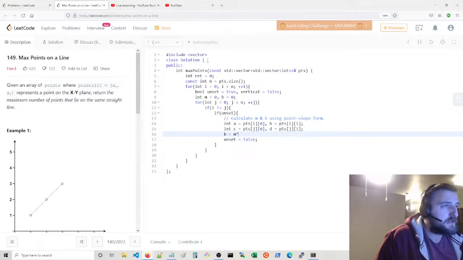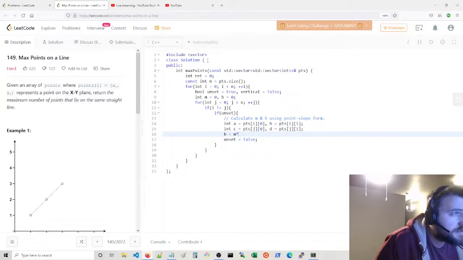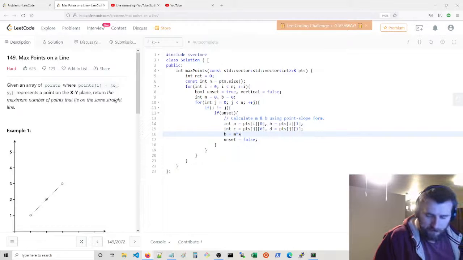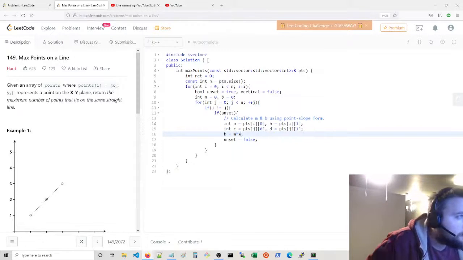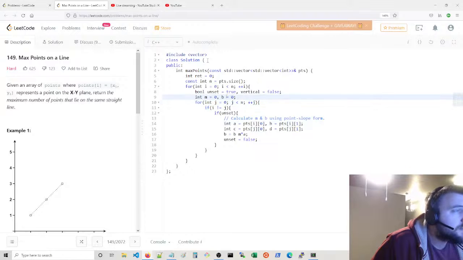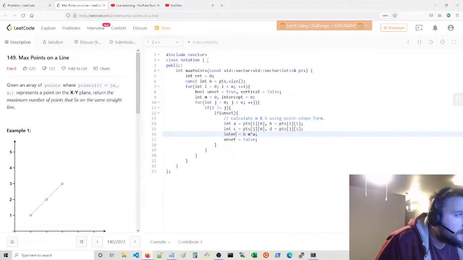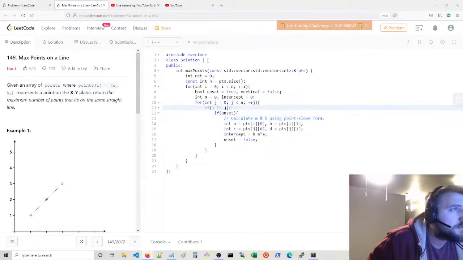M times x, so we could do a is x0, and it's subtracting m times a, so b, m, we could just say intercept instead of b. You can call this y too, yeah, that's fine.